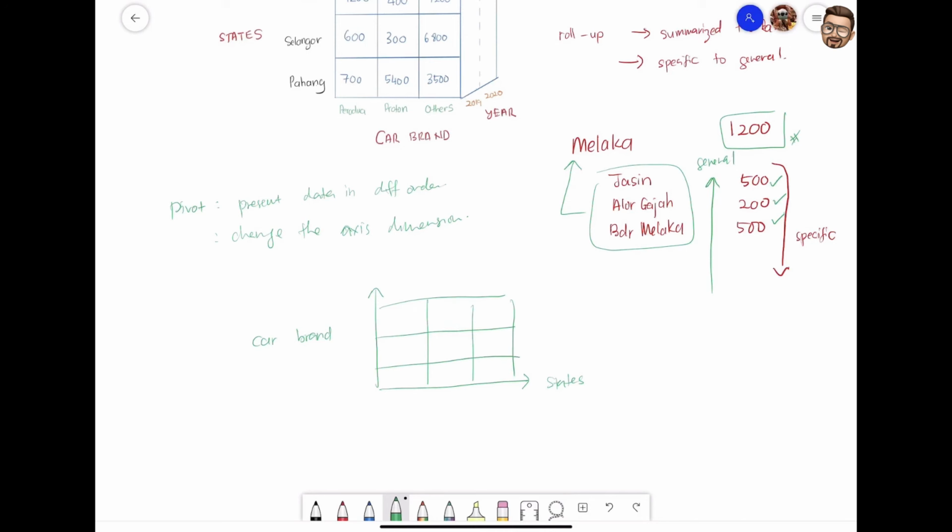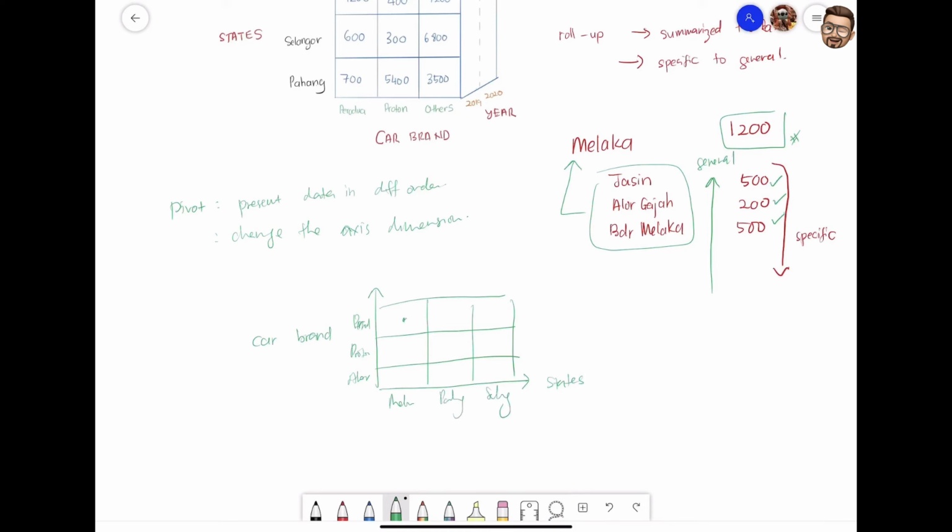Okay, because if you take a look at the Rubik's cube that you have, you can change the position of the Rubik's cube, isn't it? So the same goes with this one. If you change the axis, then of course the car brand here will be Perodua, this is Proton, and this is others. And this one maybe you want to do Melaka, this is Pahang, this is Selangor.